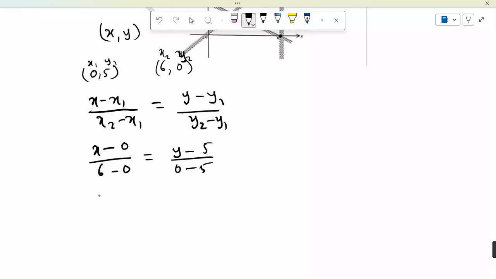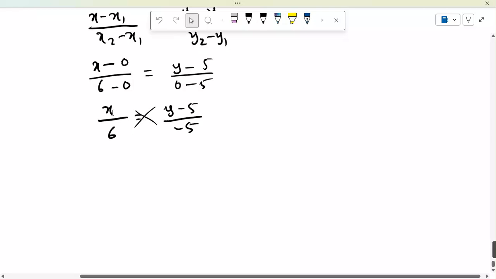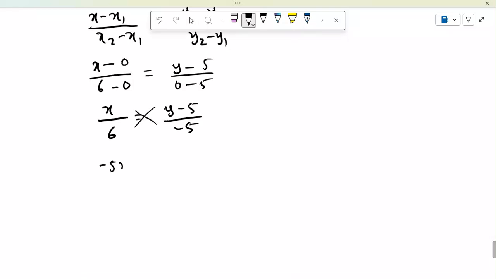We simplify this. On top it will be just x over 6 equal to y minus 5 over negative 5. So we cross multiply, and we have negative 5x equal to 6 times y minus 5. So we can divide by 6.